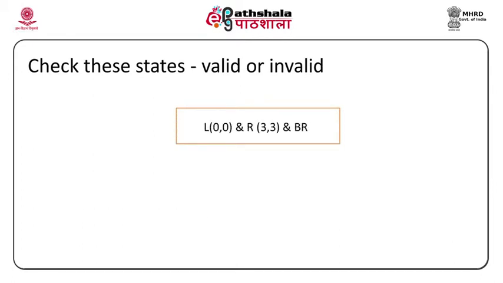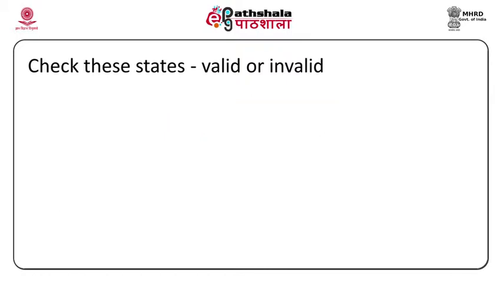Number of missionaries and number of cannibals, again you can see that is quite similar to the state that we have seen before. It is a valid state. In fact, this is the initial state while this is the final state. We want all missionaries to move from left side to right side. So, this also is a valid state.